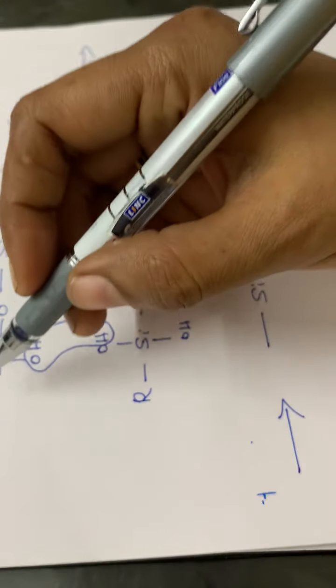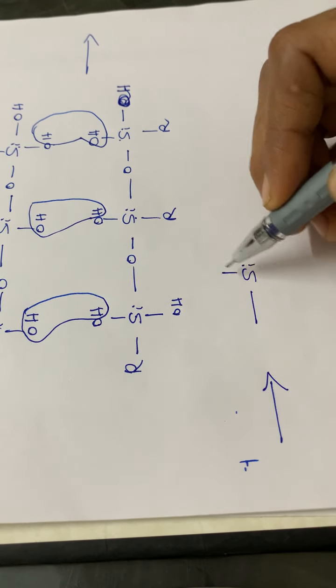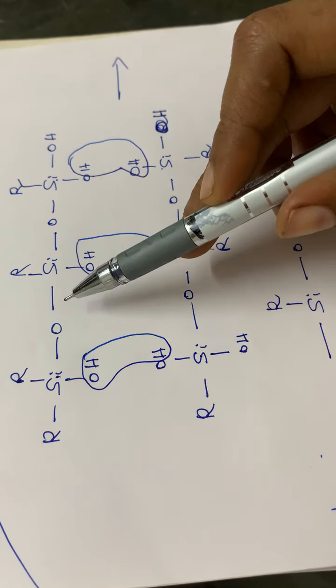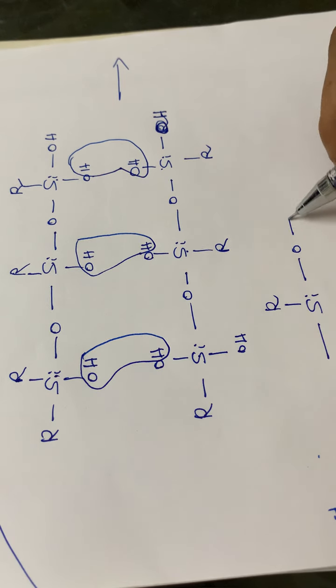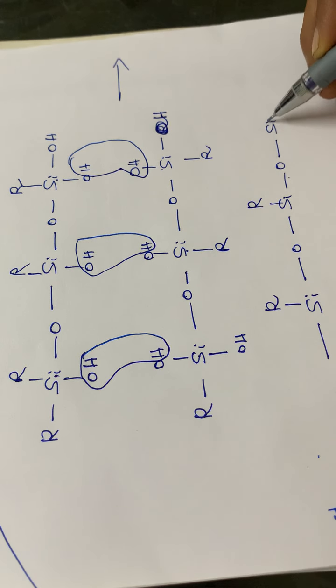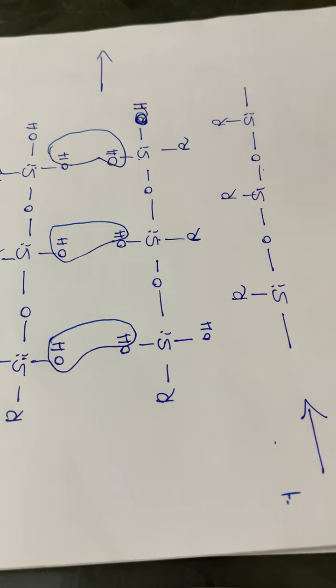Si, I'm omitting this alkyl group. So Si, then R, then oxygen atom. See this part I am writing. SiO, then SiR, then oxygen, then Si, again R, then another OH or alkyl group, whatever it be.